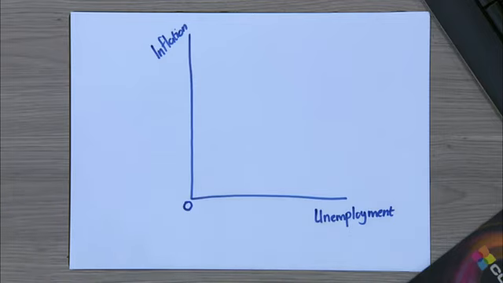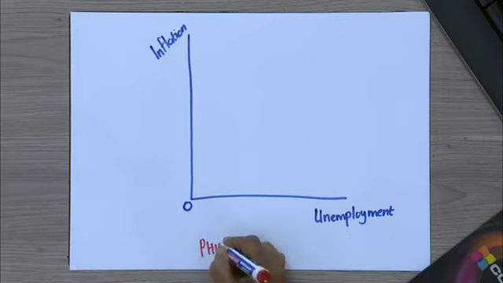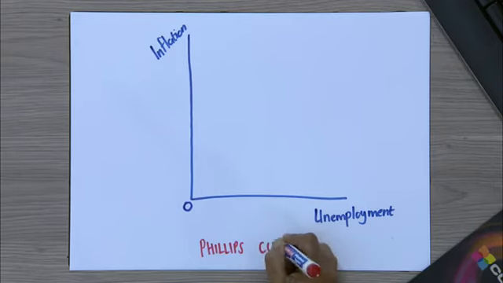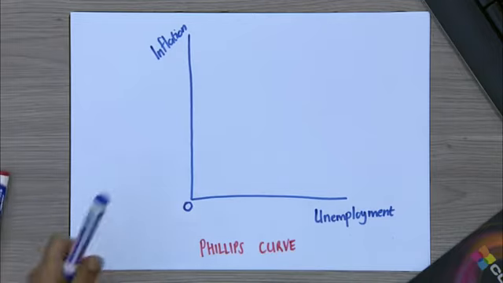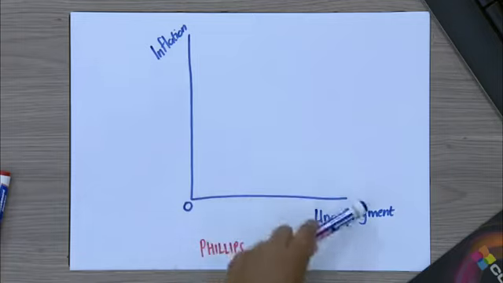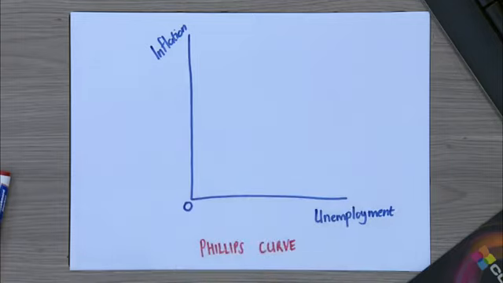And just quickly, I forgot to put in the name. The name of this is the Phillips curve, right? And the main idea behind the Phillips curve is to show the relationship between inflation and unemployment.